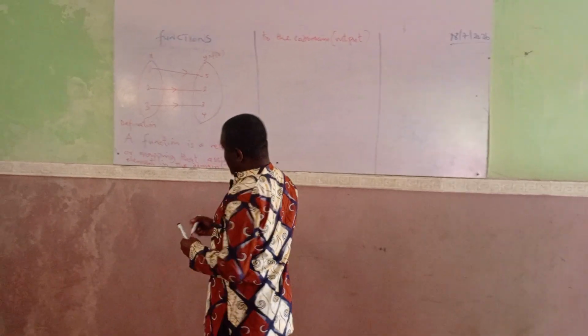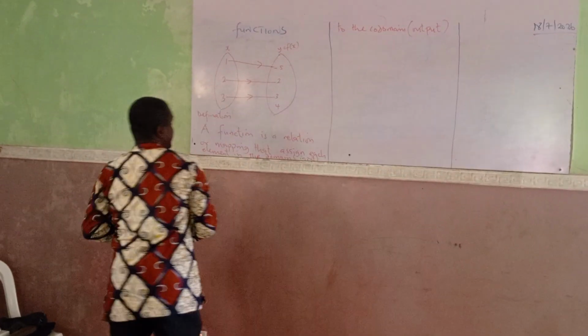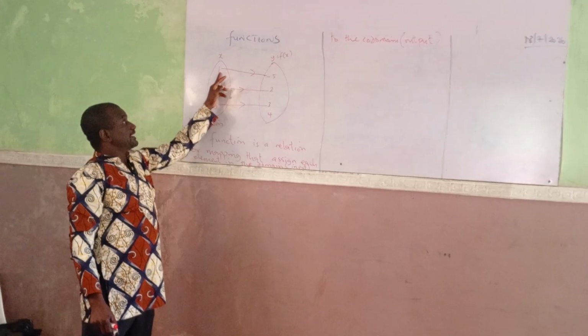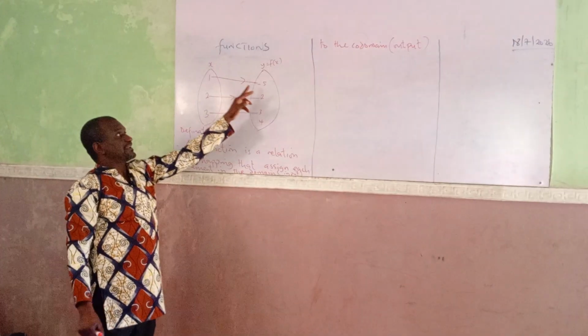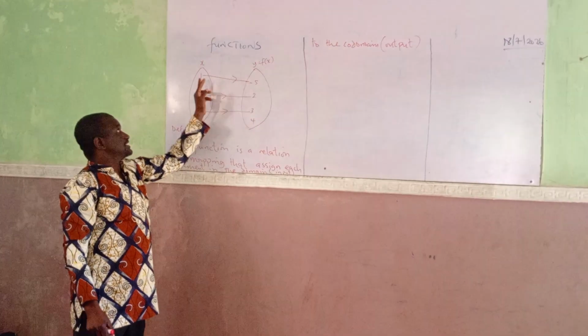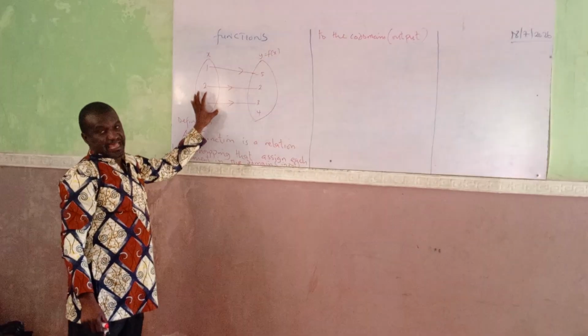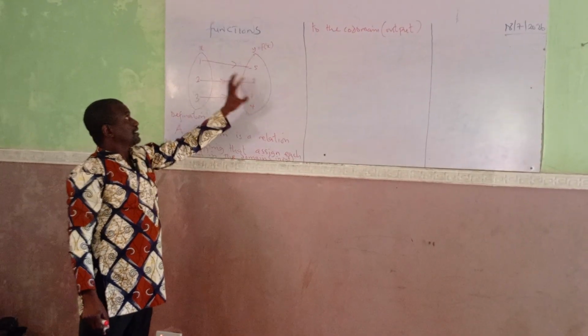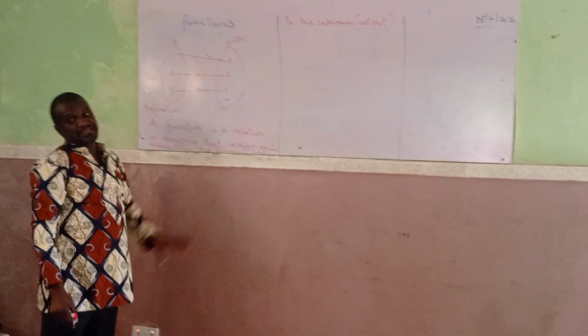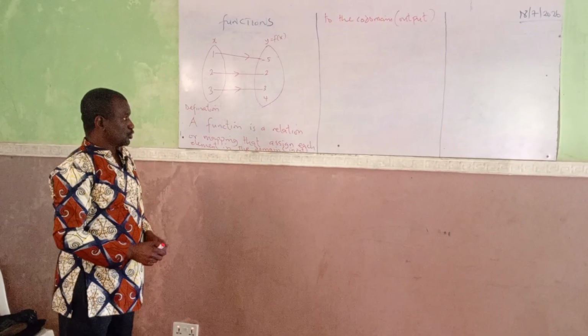So that means when you have a relation or a mapping, an element like this one maps to another element in the codomain. Where we have the values of X is said to be the domain, and where we have the values of Y is said to be the codomain.